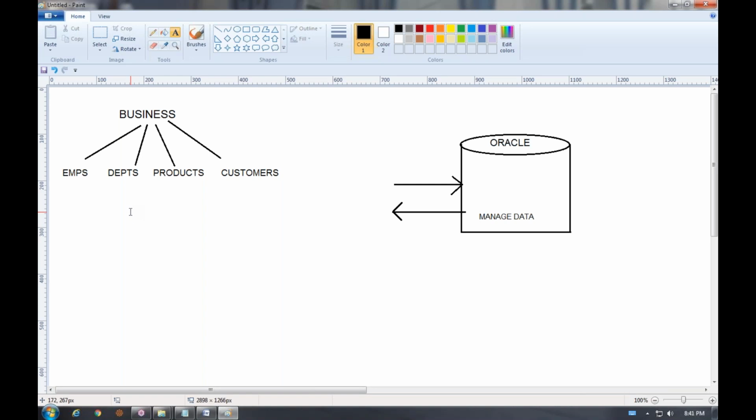Okay. So from each object, the data will be generated. Suppose I am a customer to Amazon. I am making some order. I want to purchase a mobile or a television. Any one product. To purchase that product, yes, I made an order.